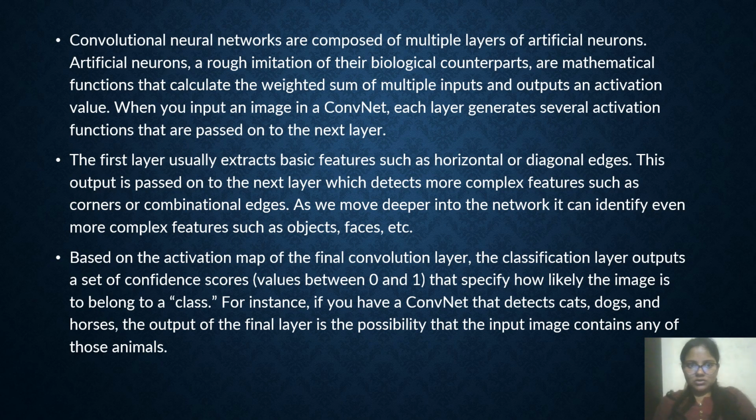Now we'll learn deeper about CNN, where a CNN is composed of multiple layers of artificial neurons. These artificial neurons, at each layer, calculate the weighted sum of the multiple inputs, and each activation value will be passed to the next layer. The first layer basically extracts the basic features of the image, such as horizontal edges and the edges of the input image, and then that output will be sent to the next layer, which takes more complex features than the first layer, like corners or combinational edges, and then it will be sent to the next layer.